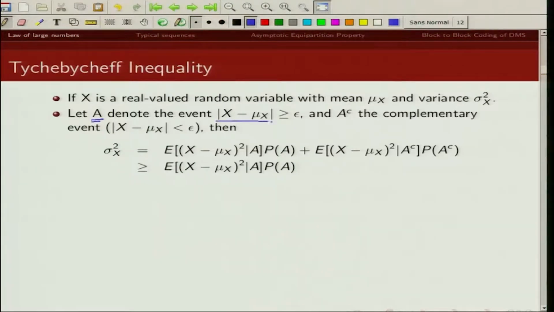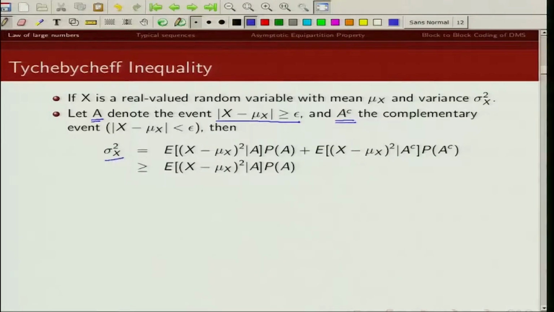Event A is the event that the absolute value of X minus mu_x is greater than or equal to some small value epsilon. We can similarly define the complementary event, which is the event that the absolute value of X minus mu_x is less than epsilon.